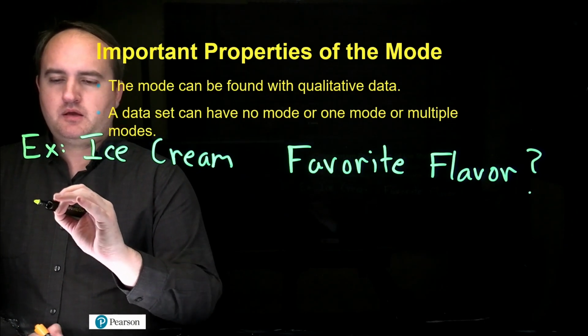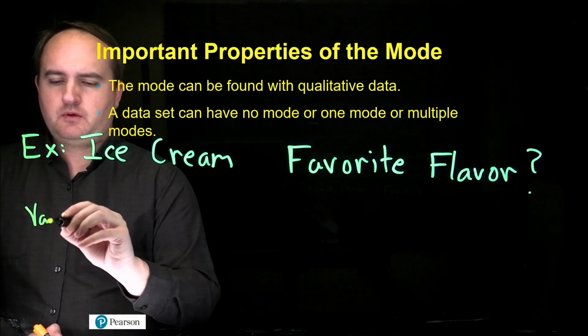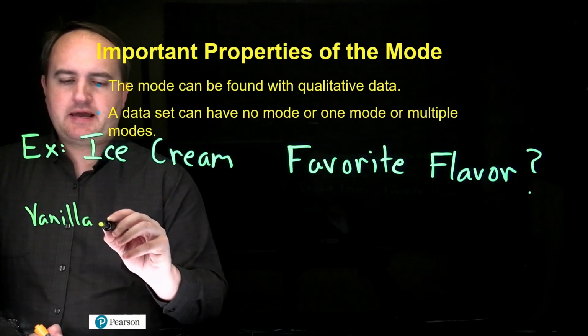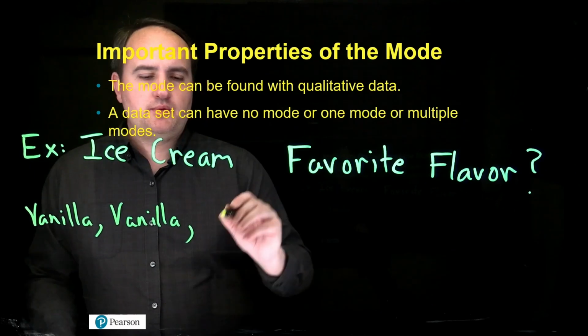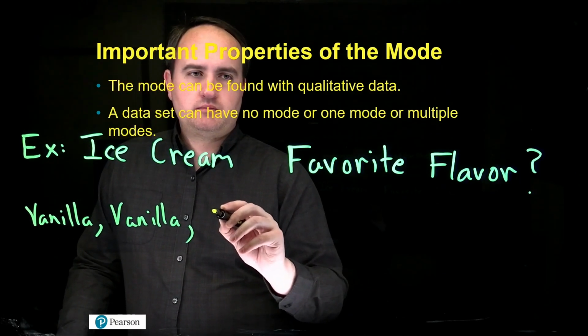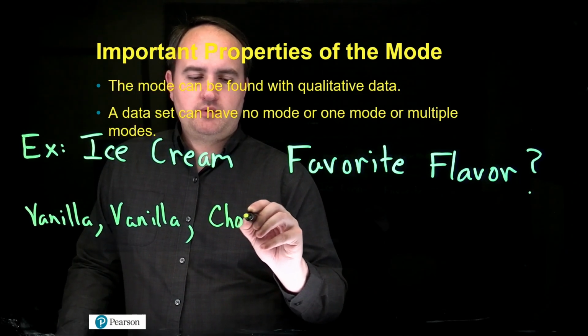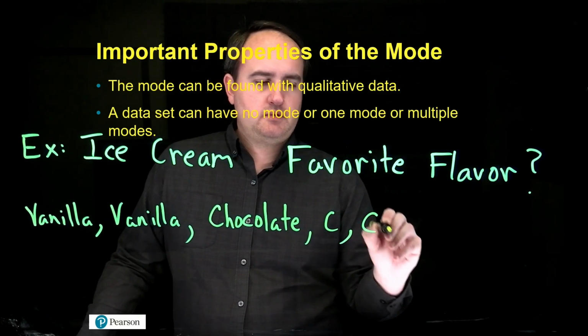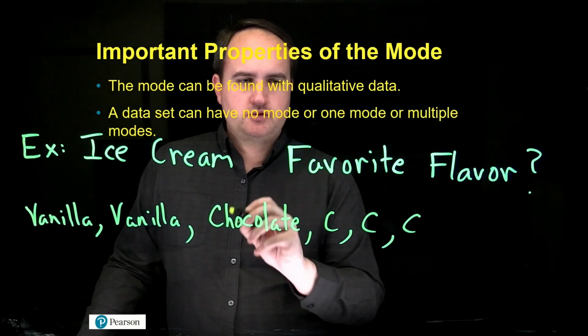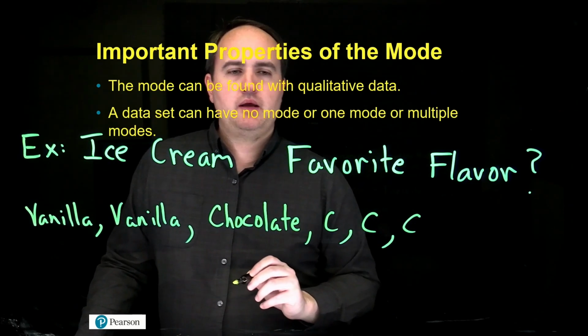Maybe we had 2 people who said vanilla, and then maybe we had 4 people who said chocolate. I'll just write C, because I'm going to run out of room. So chocolate, chocolate, chocolate, chocolate.